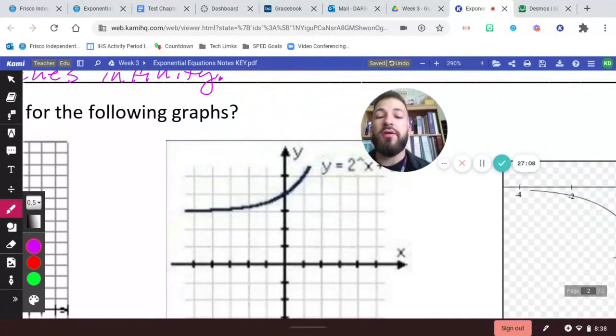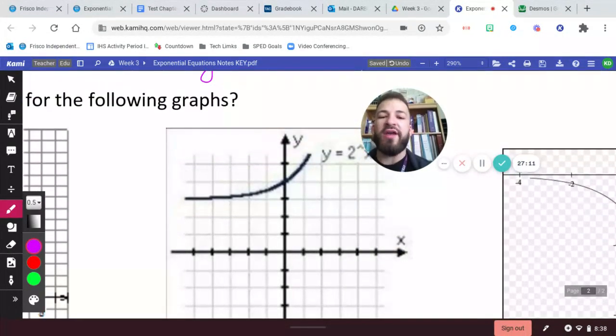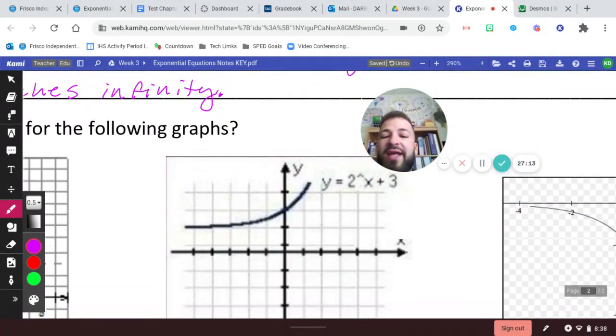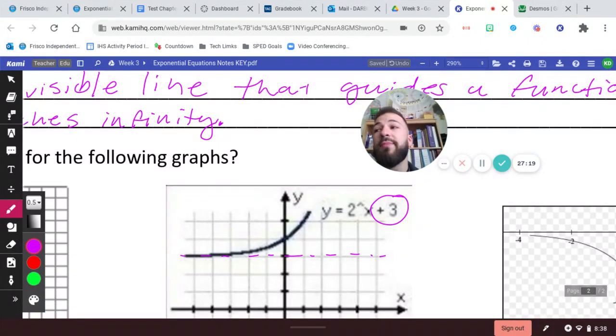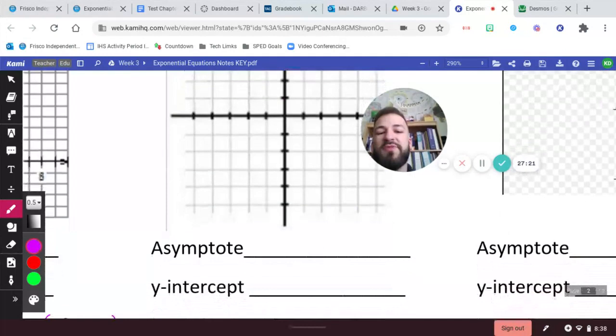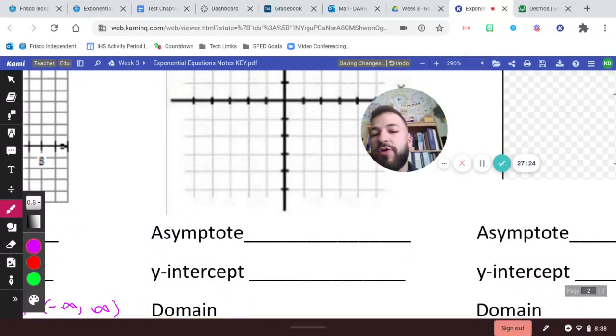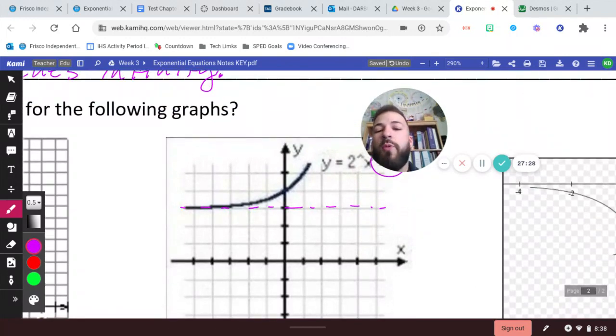So this function here, first of all, our asymptote, what y value does it look like it's sloping off at? Well, it looks like it's sloping off at 3. And I even gave you the function this time so you can see that plus 3. That's probably where that asymptote comes from in our function. So our asymptote would be y is equal to 3. Y-intercept, what y value does it cross the graph at? Well, it crosses the graph right here at 1, 2, 3, 4.